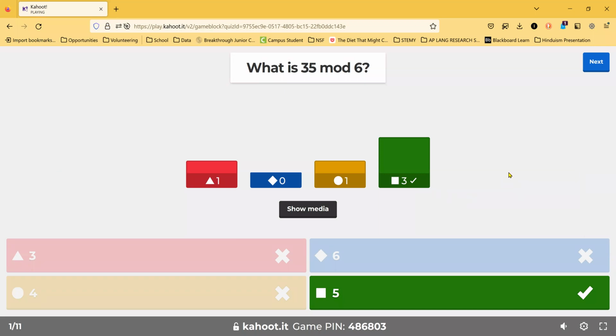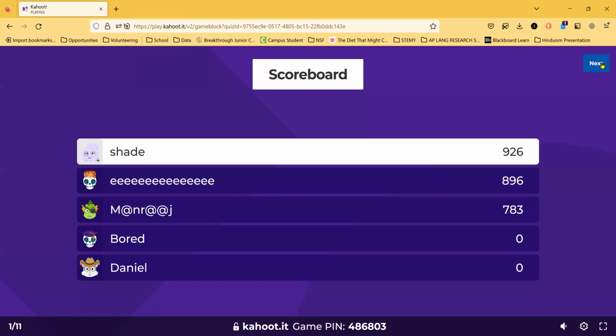We would find the greatest multiple of 6 that's less than 35, and that's 30, and the difference between 35 and 30 is 5. So good job to Shade.